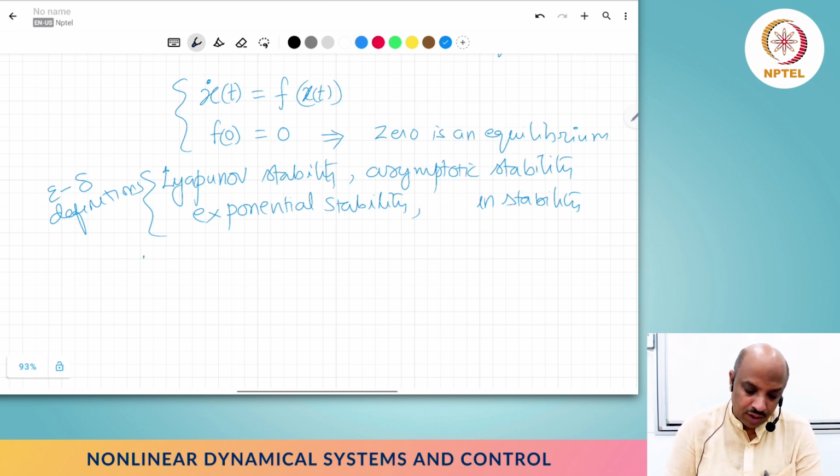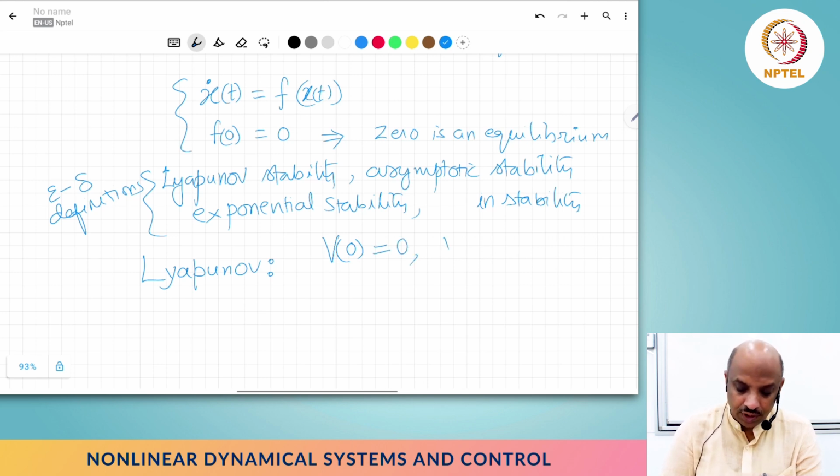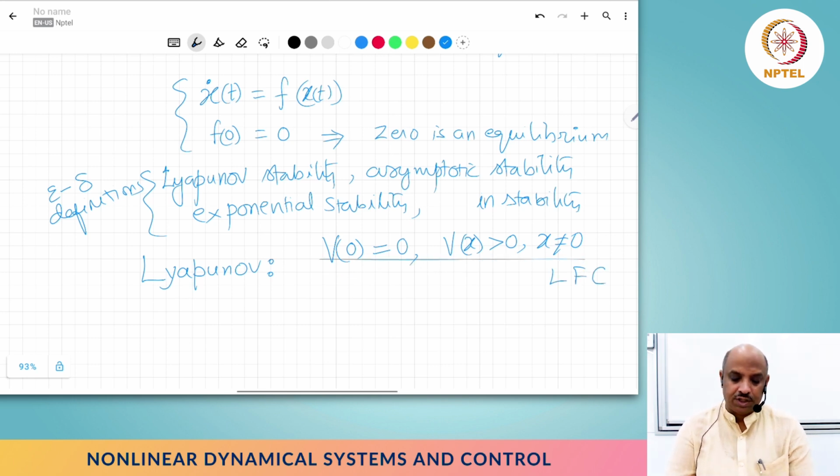So then we brought in our main hero of this particular course, Lyapunov. More than 100 years ago, he presented these beautiful theorems that go something like this. If you have a function that is positive definite, that means v of 0 is 0, and v of x is positive for all non-zero x, we call these two conditions put together a Lyapunov function candidate.